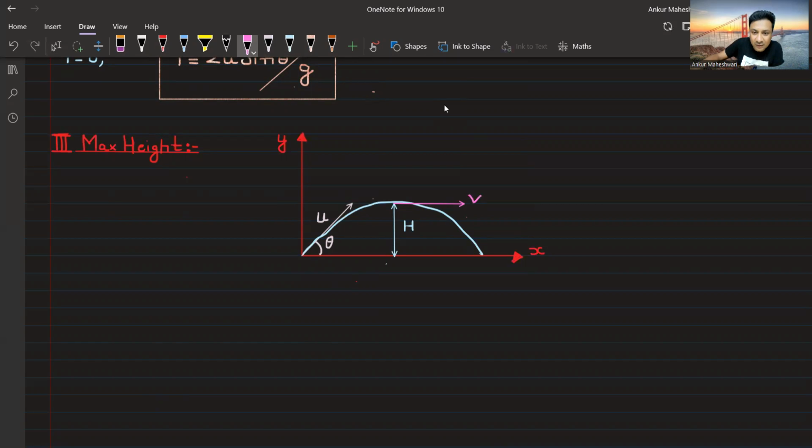This is the velocity vector at the highest point.